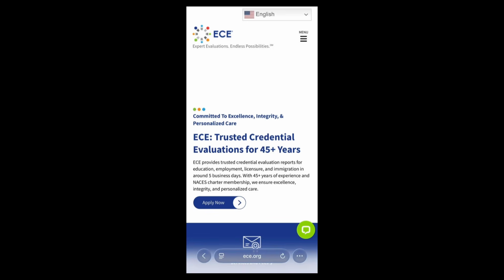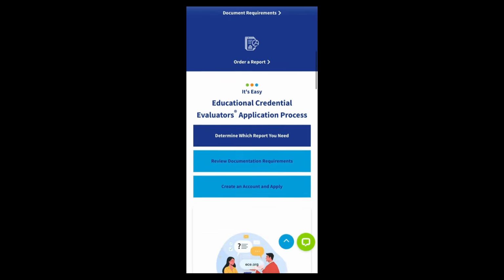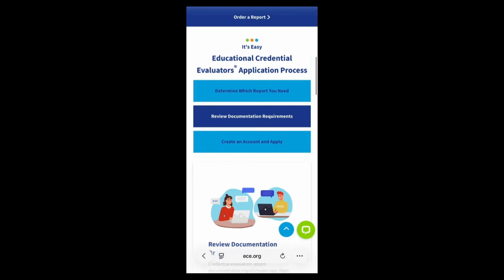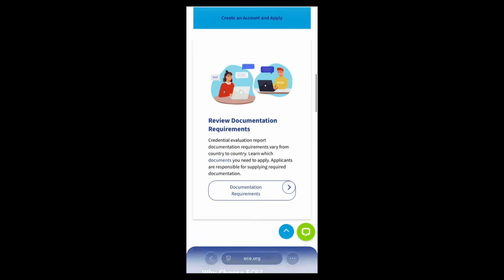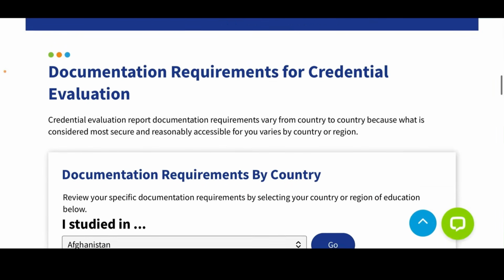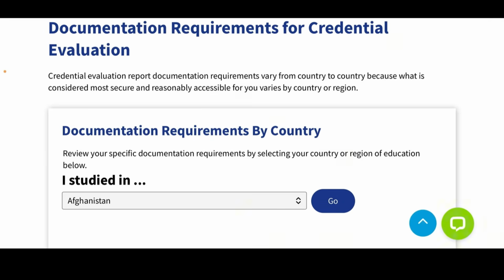Number 3, the next thing you will need are the documents that you require to submit to ECE. So once you're on the website, you would go to that section, document requirements. So to know the documents you need to know the country you studied in.